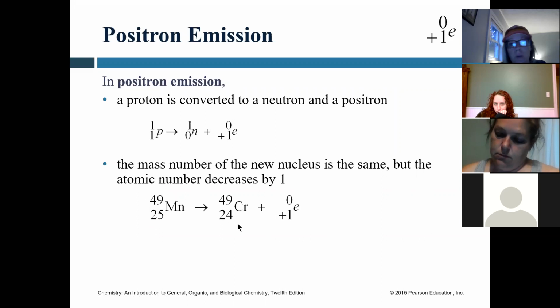The 49 should stay the same on my new mystery nucleus. But because we're giving off a positron, which is a +1, one of these protons has been converted. So the 25 will drop down to a 24. So it does the opposite of what beta does. Beta, you increase the atomic number by 1. Positron emission, you decrease the atomic number by 1.